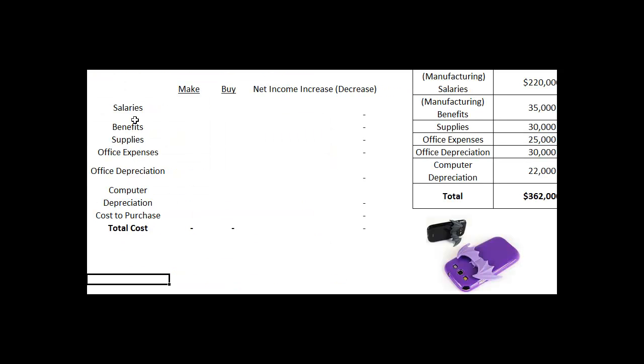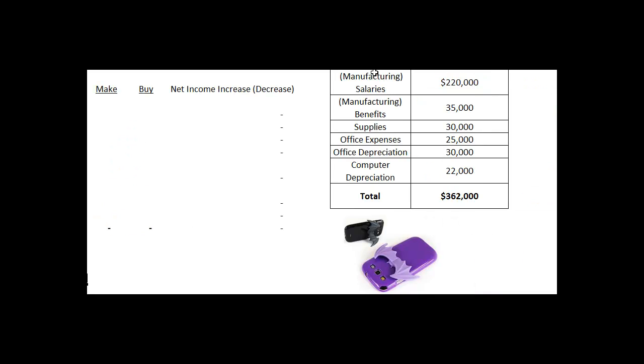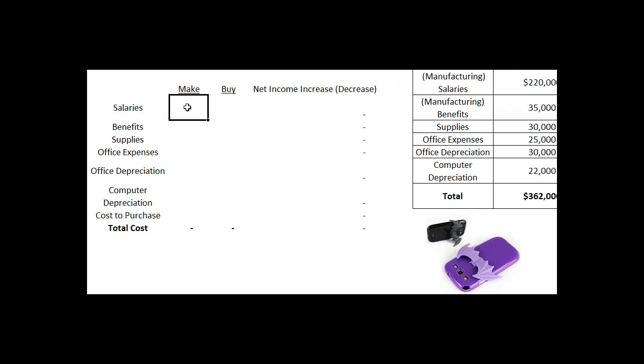So what I've done is put together something similar to this that would help you make this decision. I've pulled over here, they're kind of hiding, these costs that came off of the last screen that we just saw, and these are all the costs that I've budgeted. So the question now becomes, if I make the product, do I still have these salaries? Well, what kind of salaries are they?